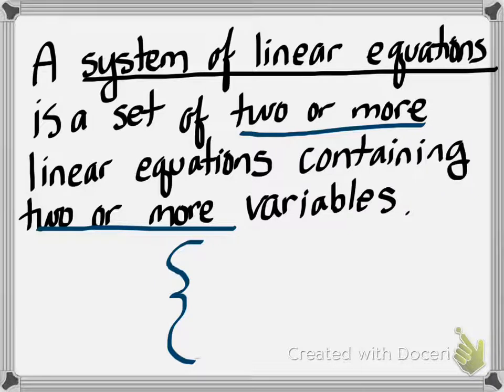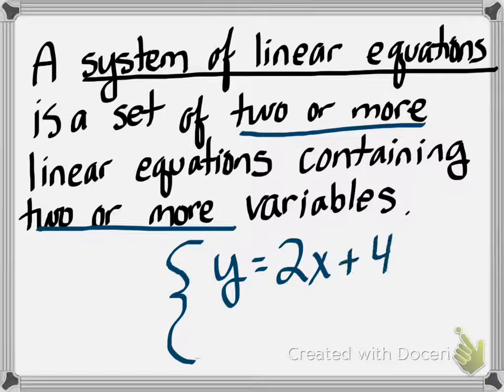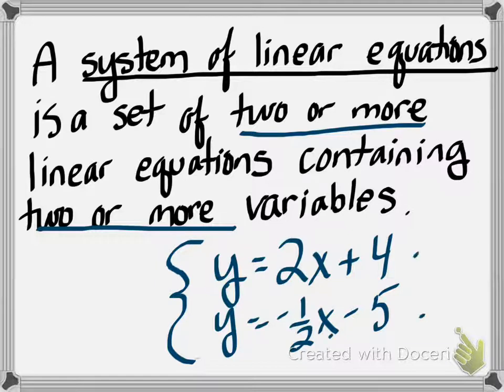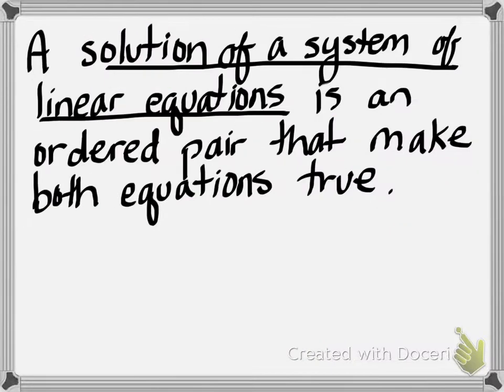You might have an equation like y equals 2x plus 4, and a second equation like y equals negative 1/2 x minus 5. For example, these equations together, each one has two variables, x and y, and there's two of them. Together, they make the system of linear equations.